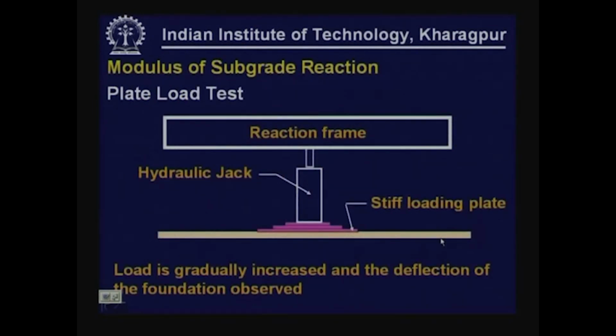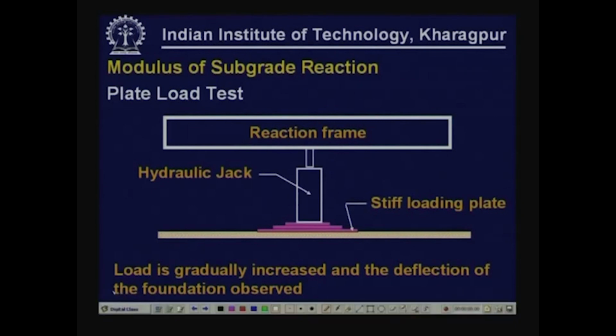Determination of modulus of subgrade reaction can be done by conducting a plate load test. We have briefly discussed the plate load test when we were discussing material characterization. In this, we apply load in an incremental manner. We use a stiff plate, with a series of plates used to stiffen the loading plate.